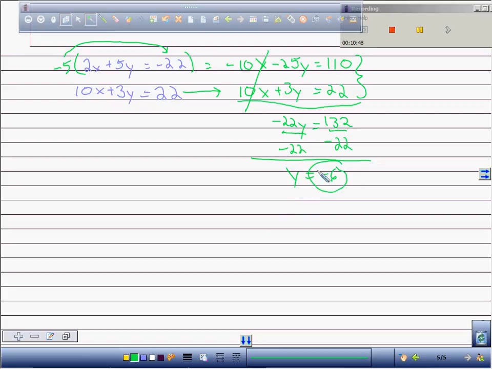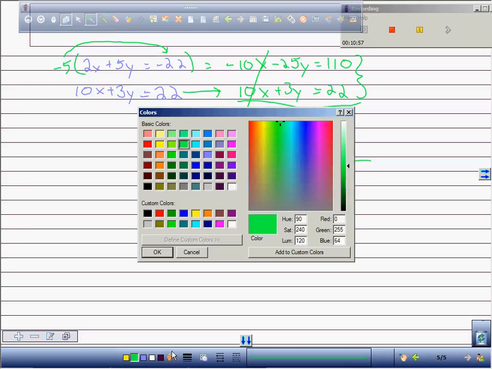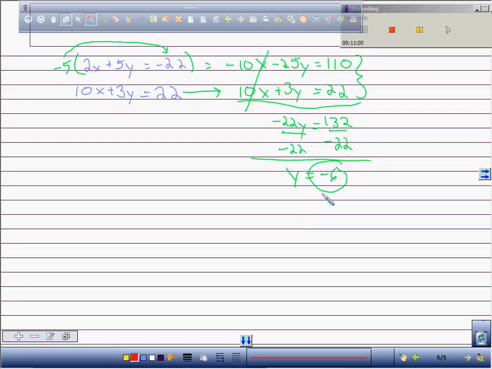So I'm going to take that, I'm going to turn it red. Okay. And I'm going to plug it in here for the easier equation, I think, is this one, because I don't know which one's easier. Doesn't matter.